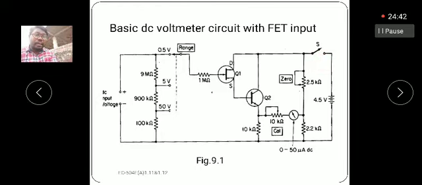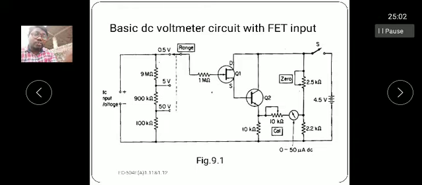As the two test terminals T1 and T2 are short circuited, there is no current drawn in the FET.